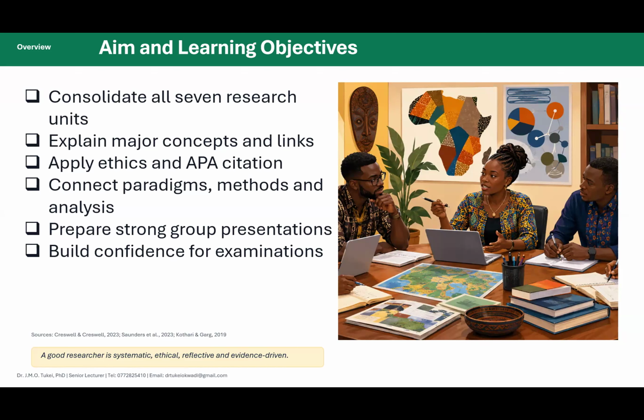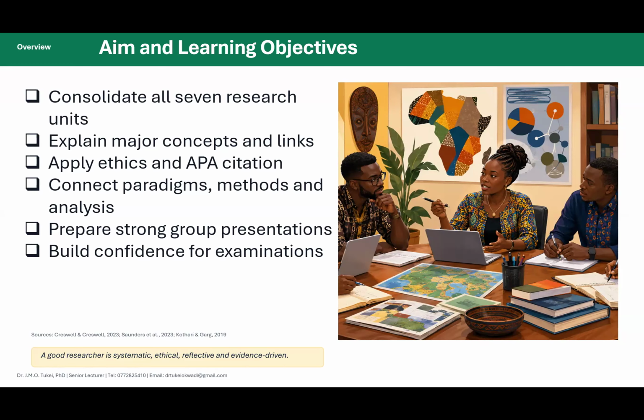So overall, colleagues, the aim is to consolidate the full research methods module for confident presentation, examination performance, and future dissertation work.